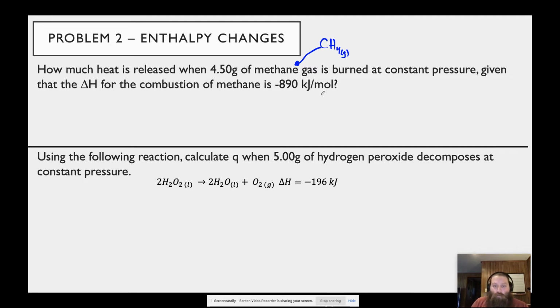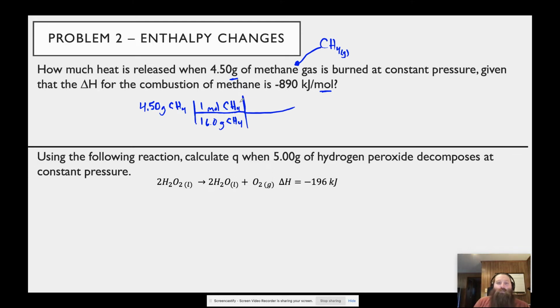Now hopefully at this point in chemistry, you're starting to recognize that if a problem gives you grams and moles, you can convert. So in this case, I have two brackets that I need to use to set up. I'm going to say 4.50 grams of CH4. I'm going to convert grams of CH4, roughly 16 grams of CH4, to a mole of CH4.